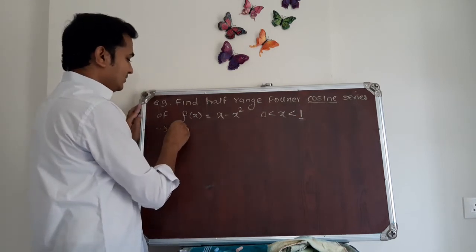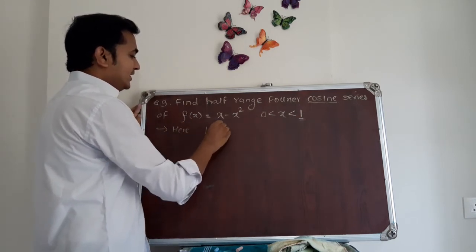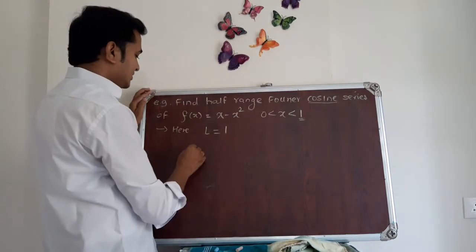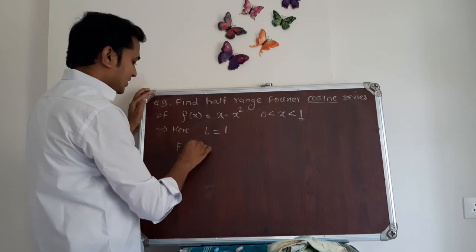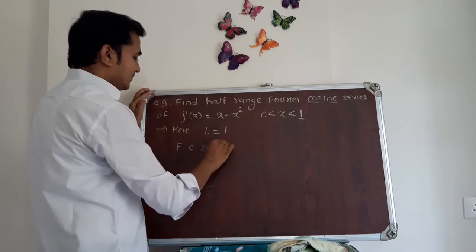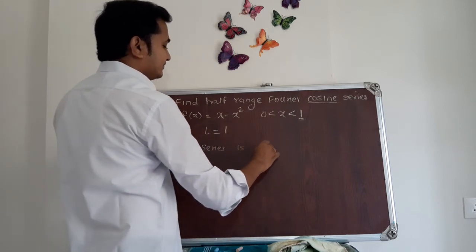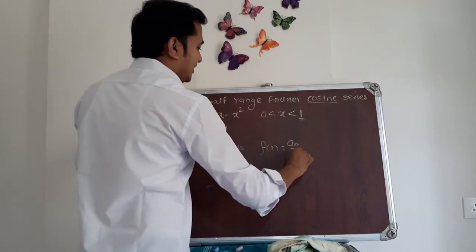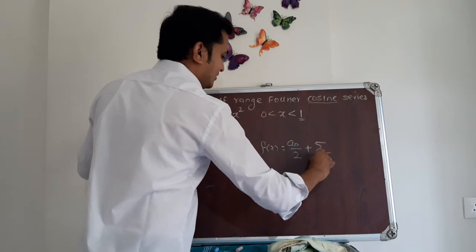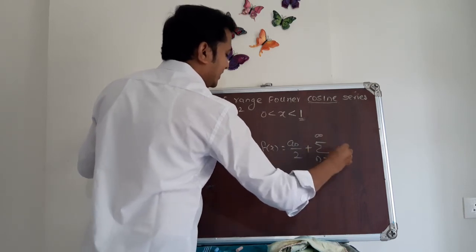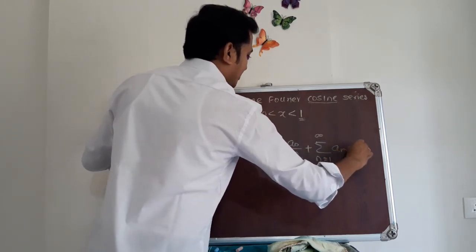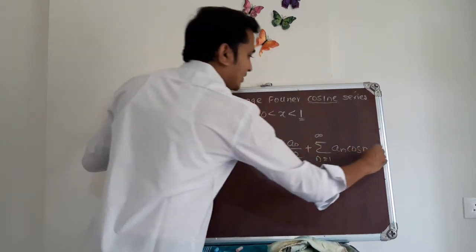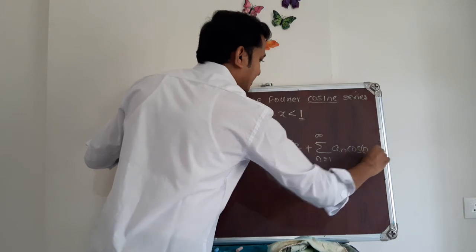So here L is 1. So what is the Fourier cosine series? f of x is equal to a naught by 2 plus summation n running from 1 to infinity a n cos n pi x upon L. L is 1, so cos of n pi x only.